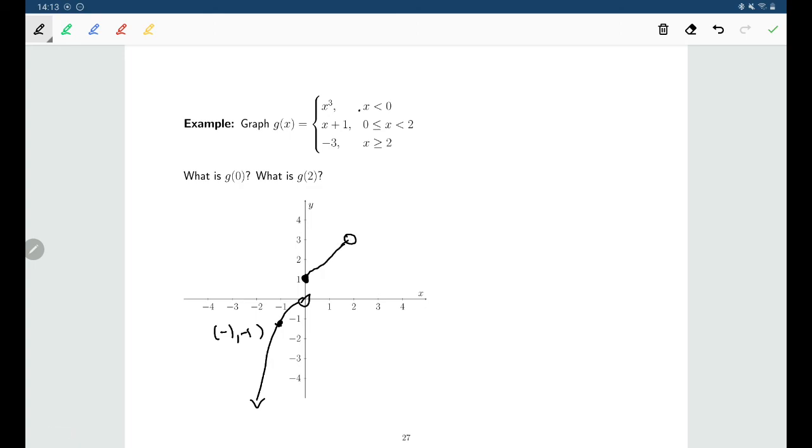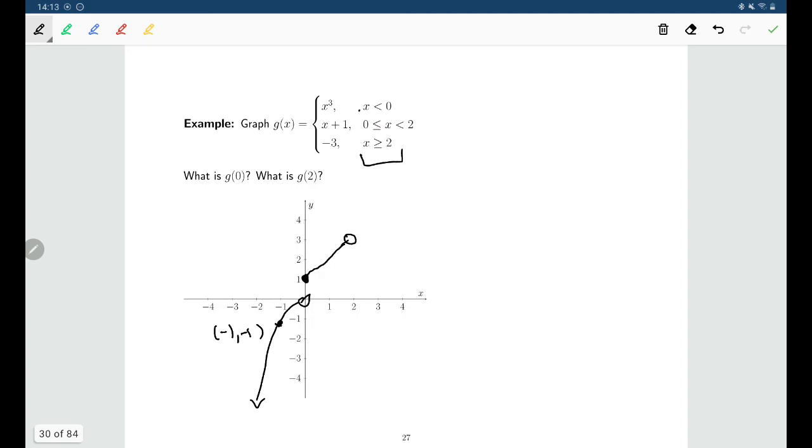It doesn't always quite look as nice as you'd hope. But I'm not going to have (2, 3) as a filled-in circle, because, of course, that is not a point that's on my graph. When x is 2, we are not being a straight line with a slope of 1 and an intercept of 1, because the slope of 1, intercept of 1 line happens only from 0, including 0, up to, but not including the 2.